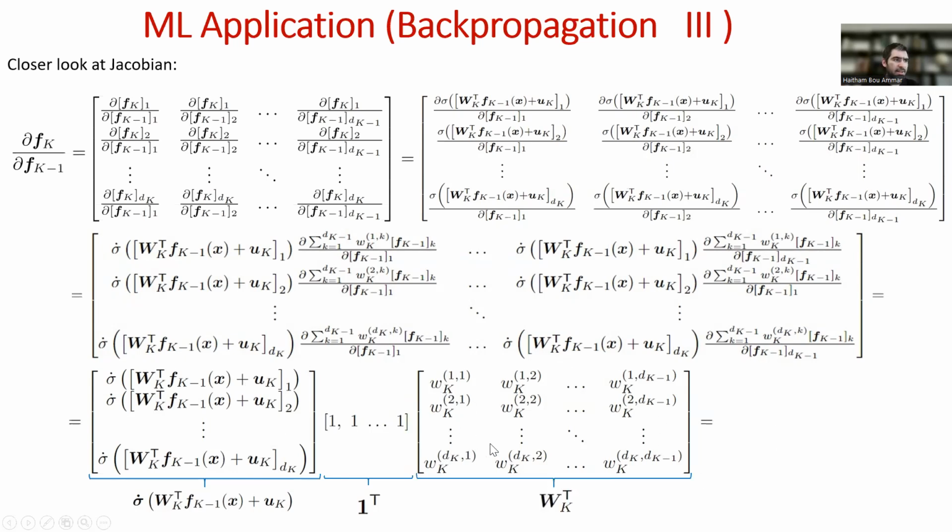And this is nothing but the weight matrix associated with the k layer. So as a result, we have this expression, an explicit closed-form expression for that Jacobian. And we're going to store that Jacobian in our memory as well.